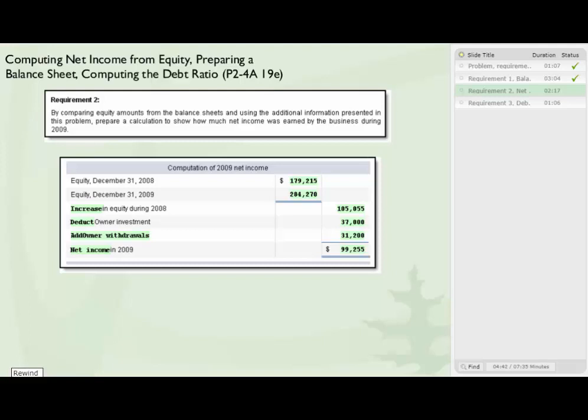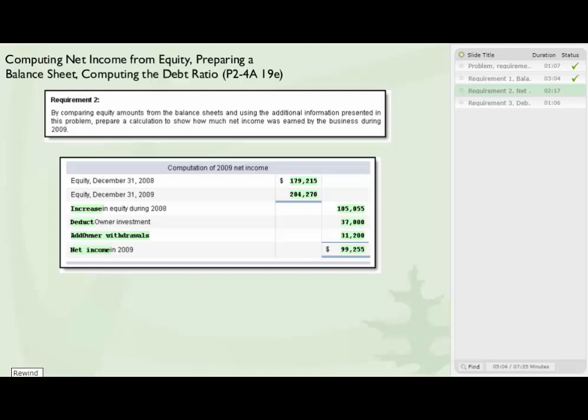A year later, on December 31st, 2009, equity equaled $284,270, and that means there was an increase in equity during, and it says 2008, but that should read 2009, for $105,055.